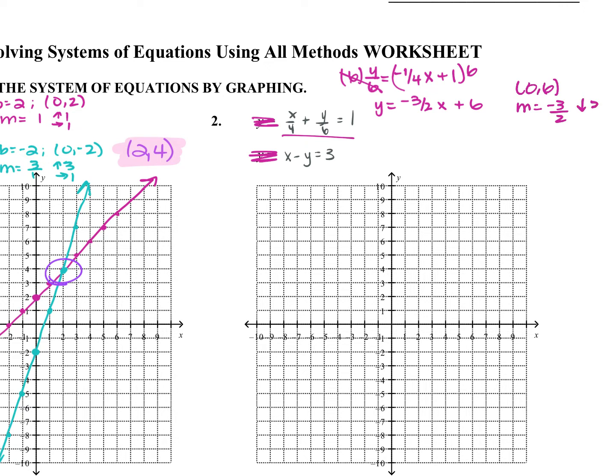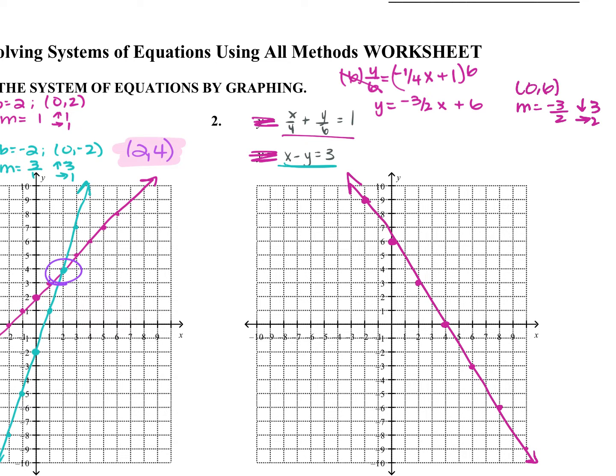So we're going to go down 3 to the right 2. So 0, 6 is here, down 3 to the right 2. We can also go up 3 and to the left 2. For our second line, x minus y is equal to 3.